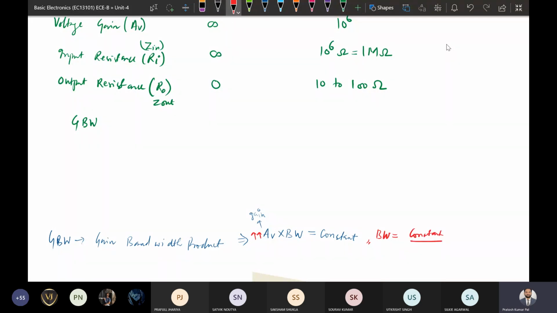That means as the gain is very high, the bandwidth will be very low. That means this operational amplifier cannot be used for high frequency applications.